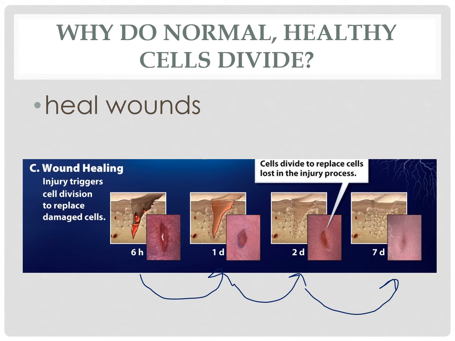But ultimately, unless you have something wrong with you, there are things that can go wrong, or it can prolong your healing process. But for the most part, our cells divide pretty quickly, especially in something like the skin, to be able to replace the cells that you lose in that injury process and hopefully heal up pretty fast. And again, it might leave behind a scar, but for the most part, we're able to heal relatively well from more superficial things like this.